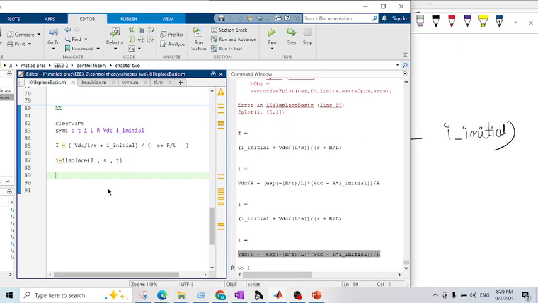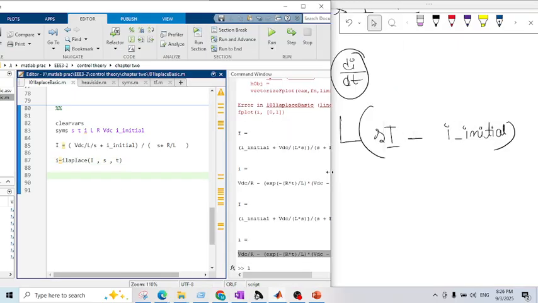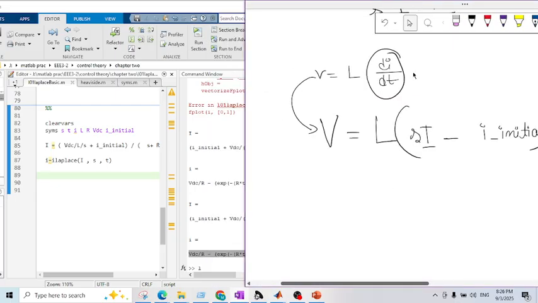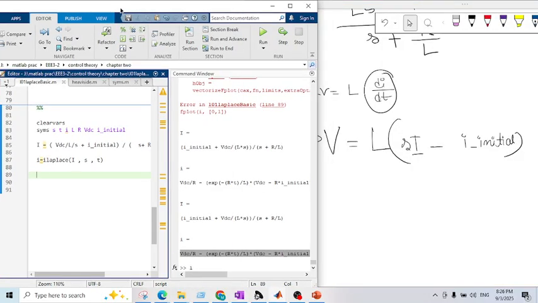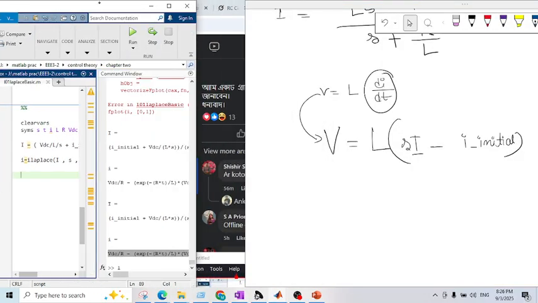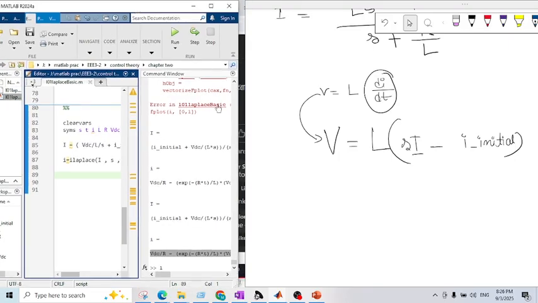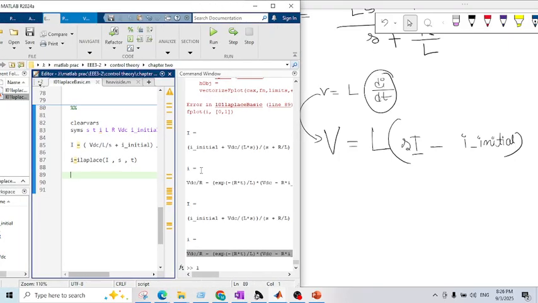So let's make it. Well, so let's see. Okay, so let's write here capital V, which is equal to L then s into I minus I initial.